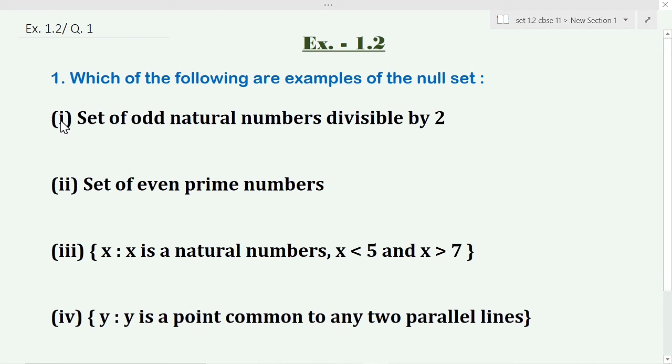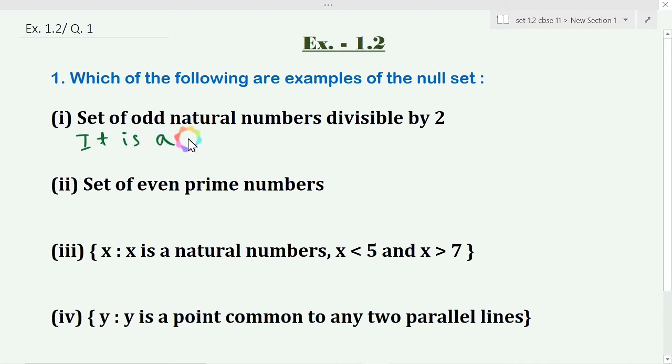Question number 1. Set of odd natural numbers divisible by 2.